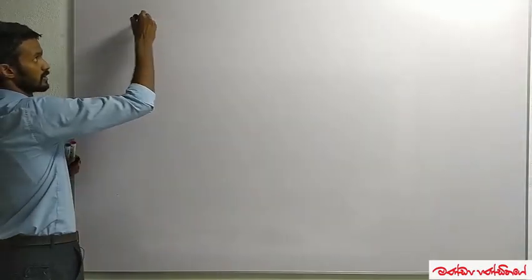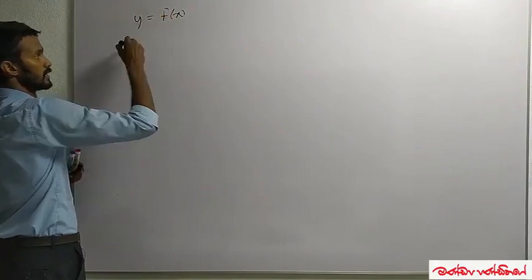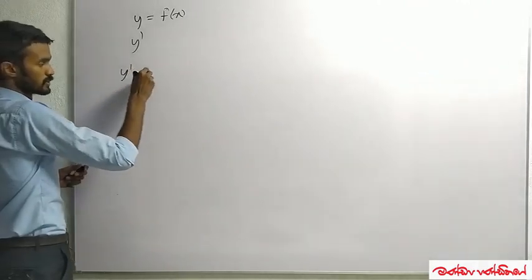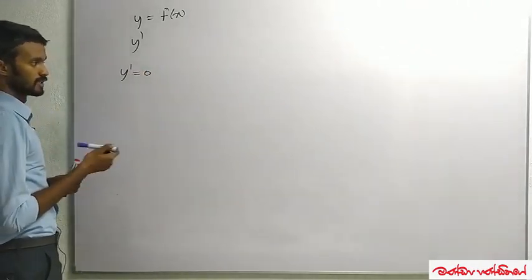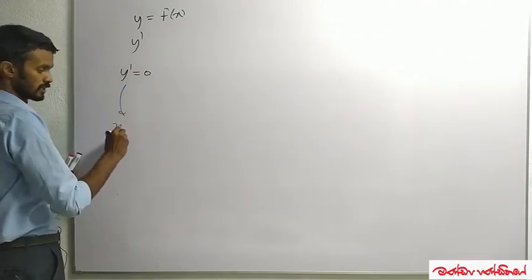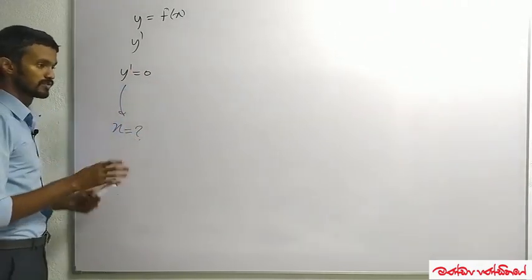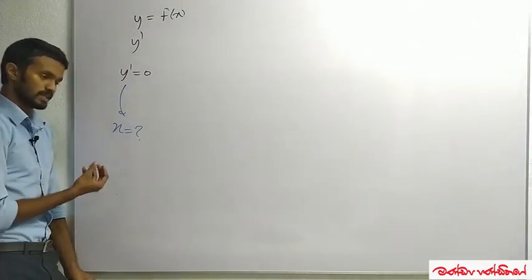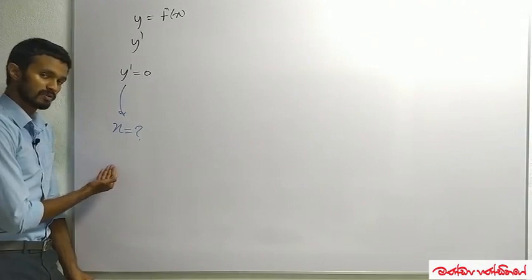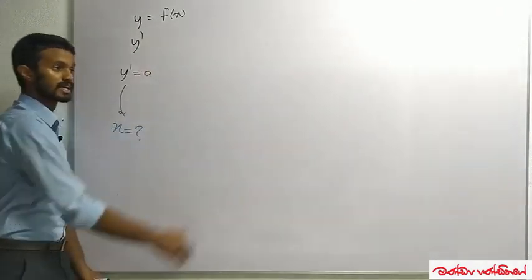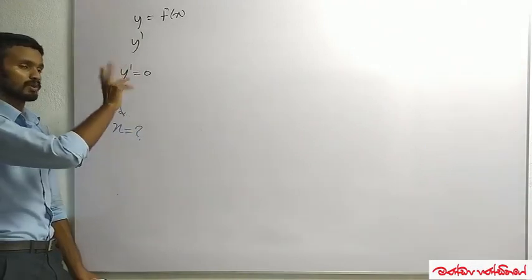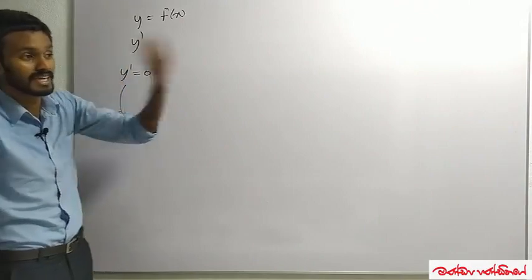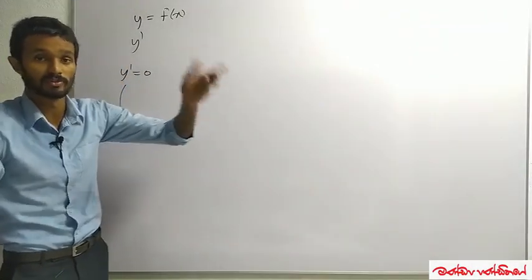If I'm given a graph y equals f(x), the first step is to find y dash, and then make y dash equal to 0, and from that we get the turning points of the graph. Whether we use the first derivative method, using the gradient, or the second derivative method to check whether these are local maximums, minimums or inflection points, the first step of both methods is to make y dash equal to 0 and find the turning points, because to check whether they are maximums or minimums, first we have to find them.